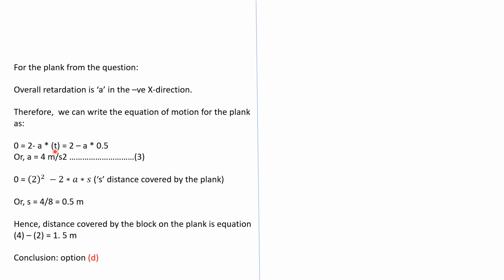Okay. Now we have the acceleration and we are interested in knowing how much distance the plank has moved in this 0.5 seconds when the plank came to a stop. So we have used the equation that square of the final velocity is equal to square of the initial velocity minus 2 into A into S. Minus sign comes again because A is acting opposite to the direction of the velocity, and final velocity is 0, so we have written 0.